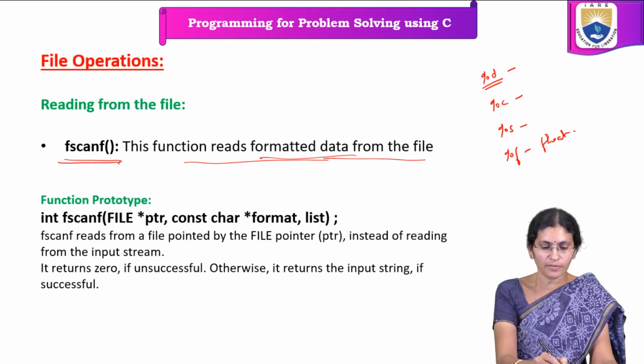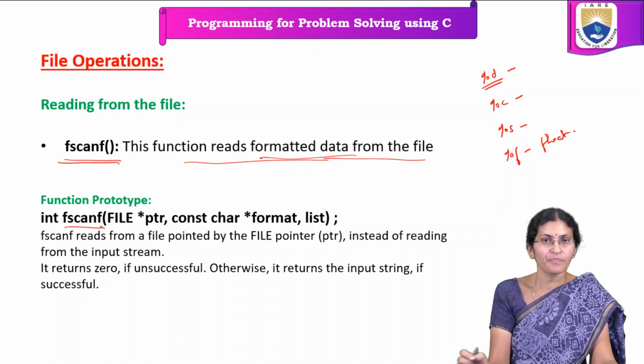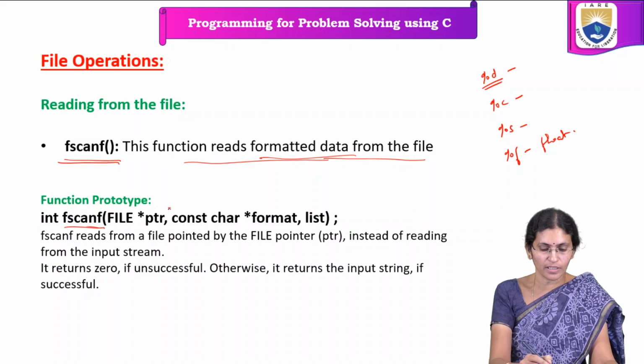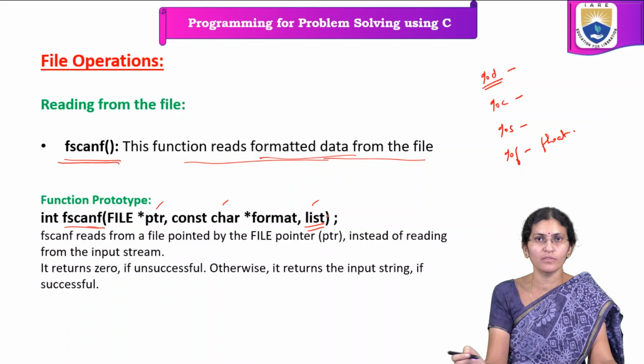So this is the prototype of the fscanf function. fscanf is the name of the function and it takes 3 arguments. This will depend upon the number of variables which you want to read from the file.